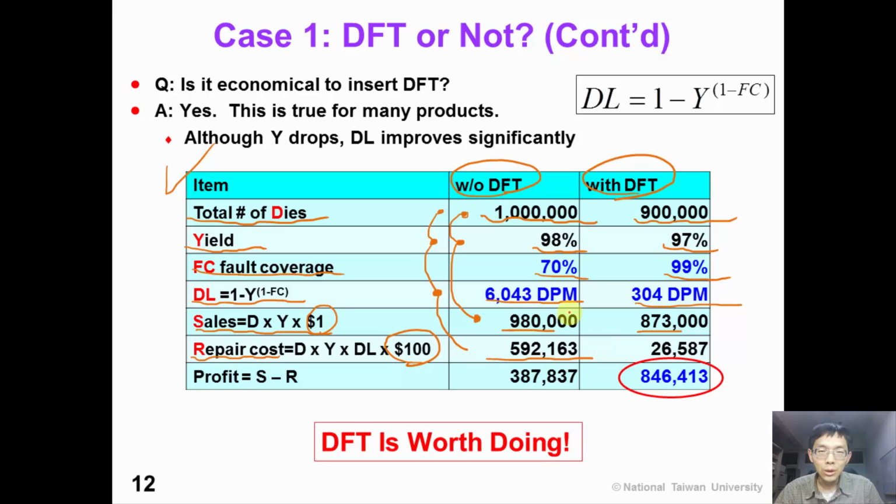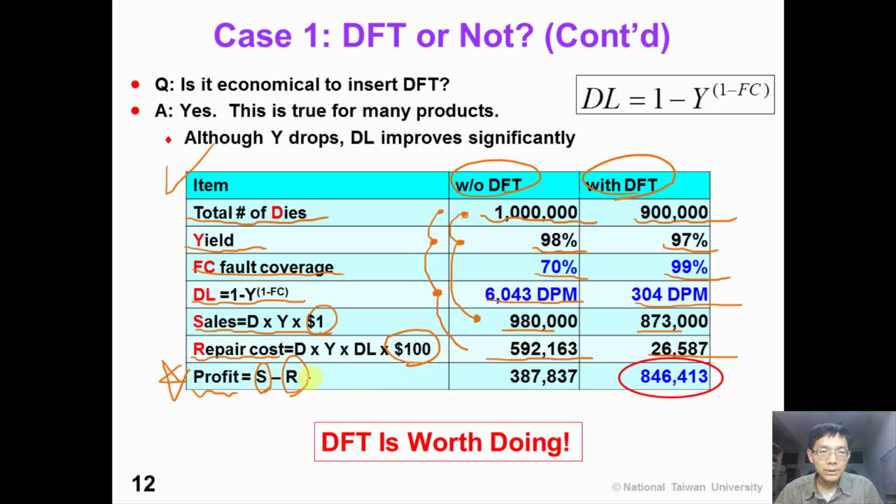So the total repair cost is up to $592,000 for the die without DFT and only $26,000 with DFT.